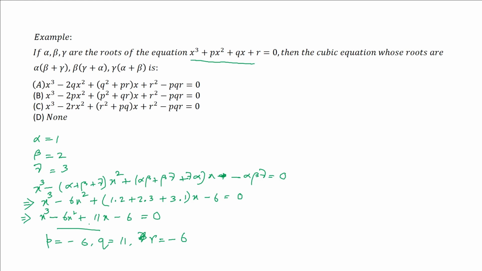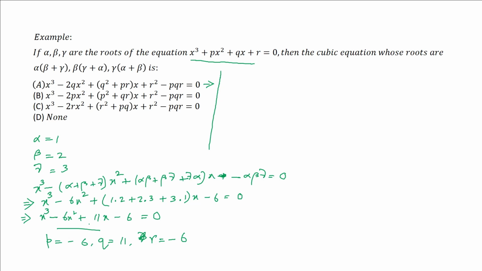Now you follow option A. You can put the values of P, Q, R here and simplify the equation, eliminating P, Q, R, and you get the numerical coefficients of x square and x also. Let us see next.